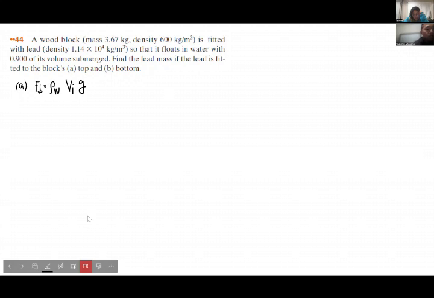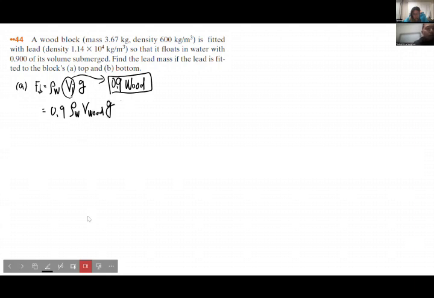V_i is 0.9 of the wood volume, the portion submerged into the water. So if you replace that, it should be 0.9 times rho of water times volume of wood times g.